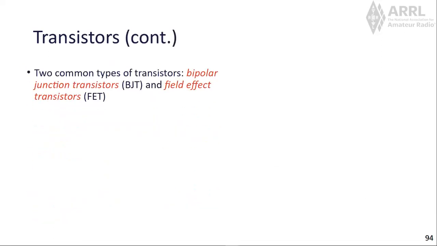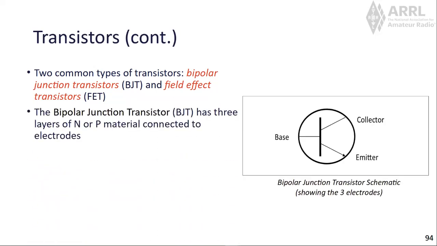Okay, two common types of transistors. We've discussed them: BJT, bipolar junction transistors, and field effect transistors. Two basic types. A bipolar junction transistor has 3 layers of N or P material that are connected to electrodes. Here we see the base, which would be the center of a sandwich, and the collector and the emitter, which would be the outer 2 layers.